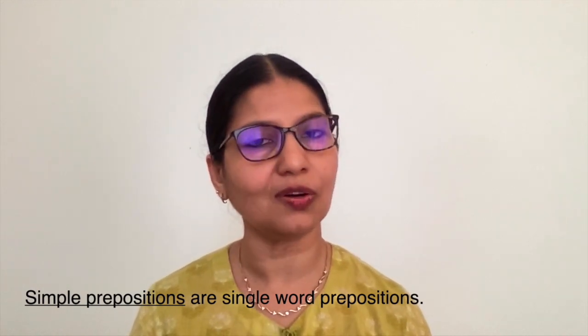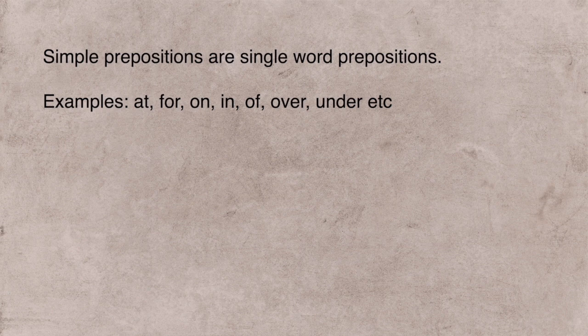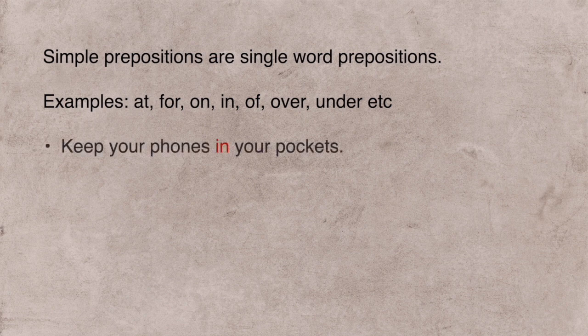Hence they are also called single prepositions. Examples are at, for, in, on, of, and so on. We have some examples. Keep your phones in your pockets. It rained at night. You can easily identify the single word prepositions here, in and at.